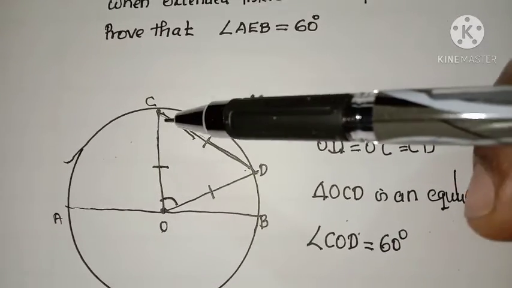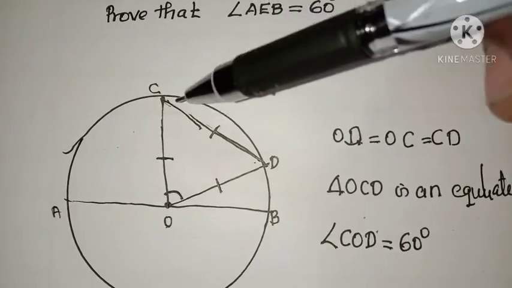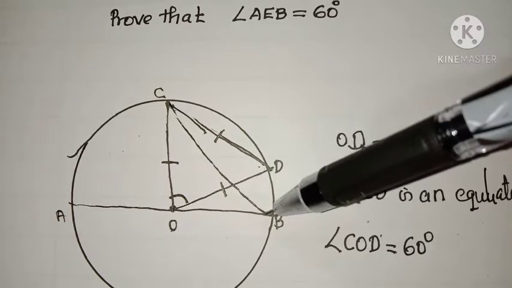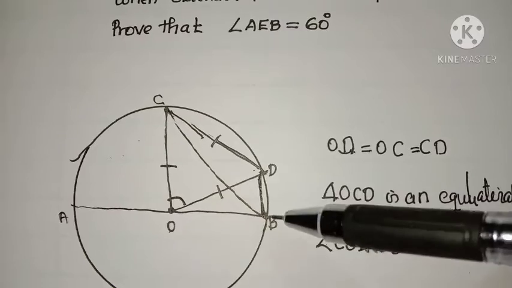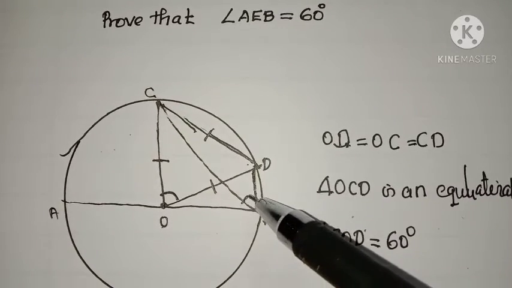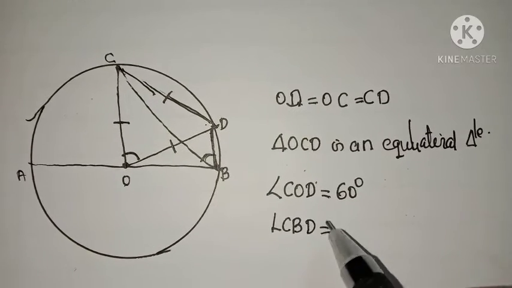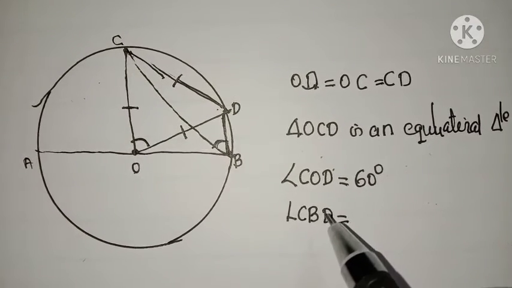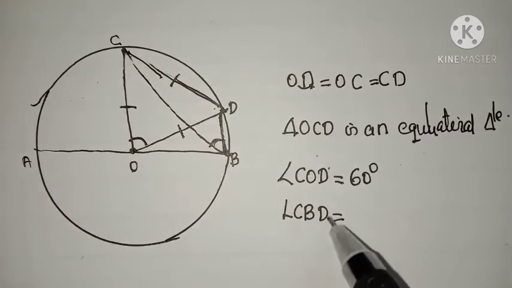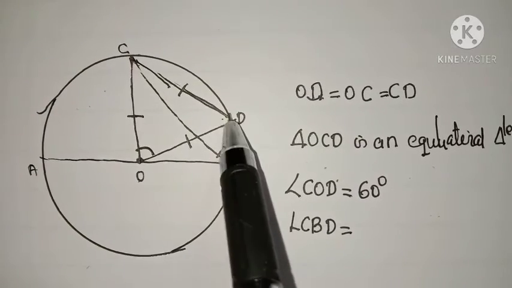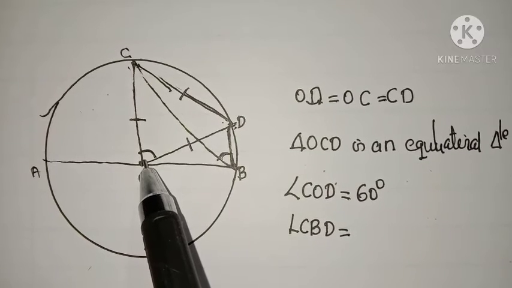If we join CB and BD, we get an angle CBD. Can you say what is the angle CBD? Listen, from these two angles, what are the endpoints? CD, isn't it? CD is the endpoint. So, COD is the central angle, isn't it?